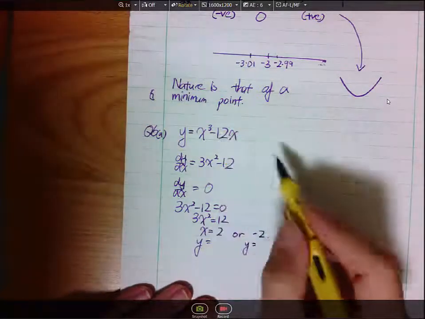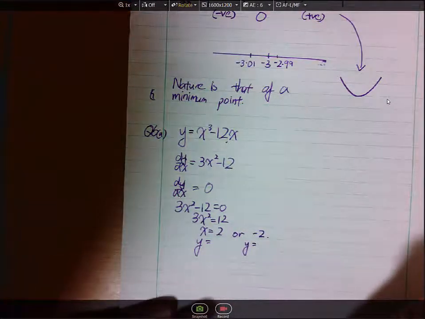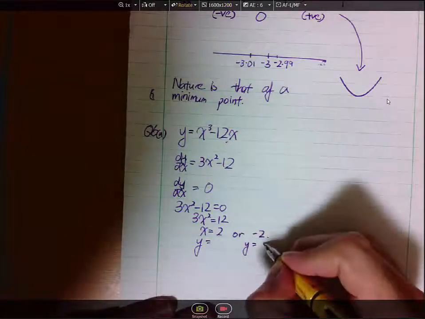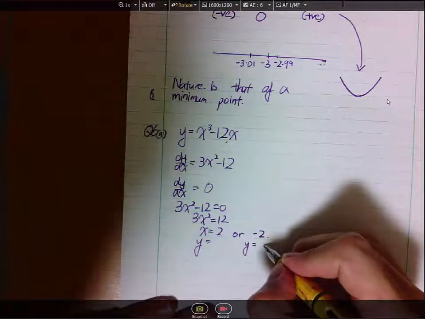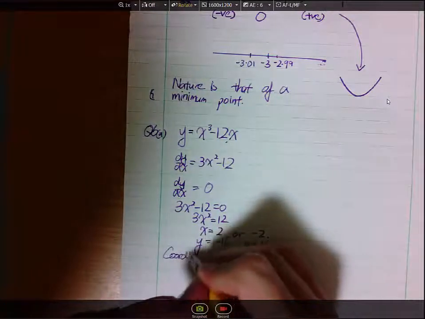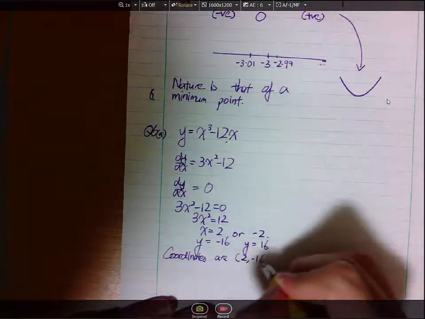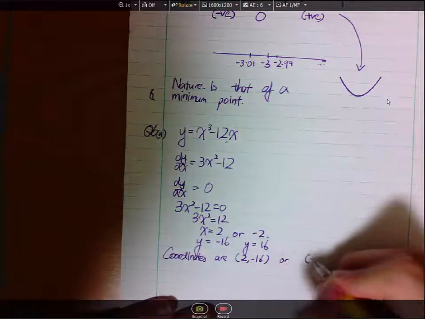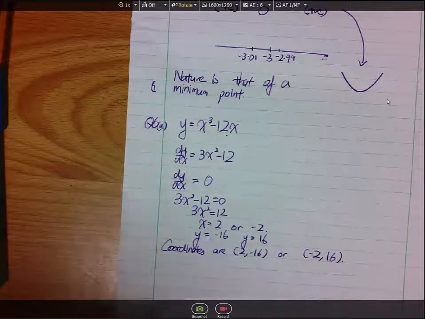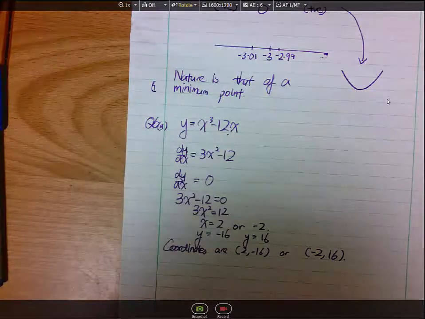You will find that this one will be 16, and this is negative 16. So I write the coordinates are (2, negative 16) or (negative 2, 16). That is for the first part where they ask you to find the stationary points.